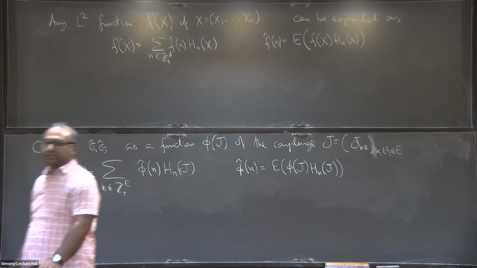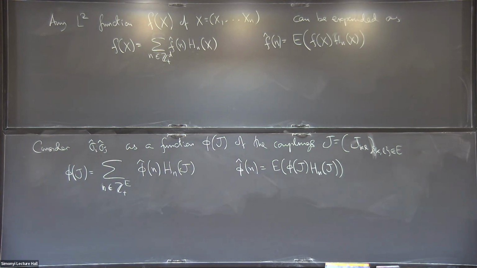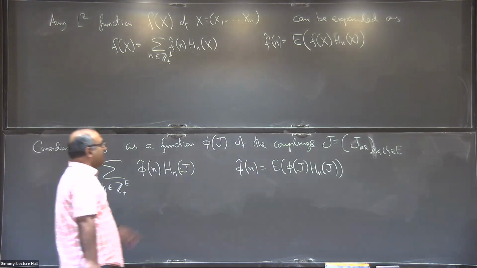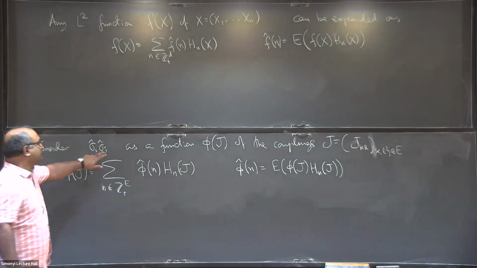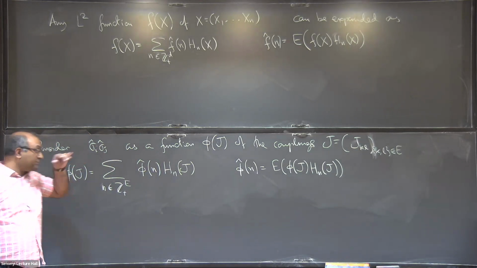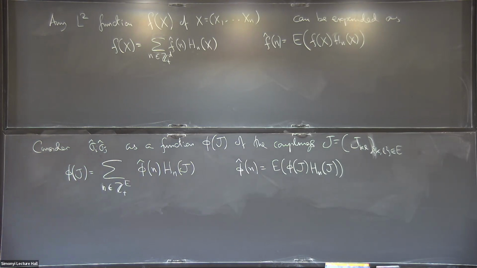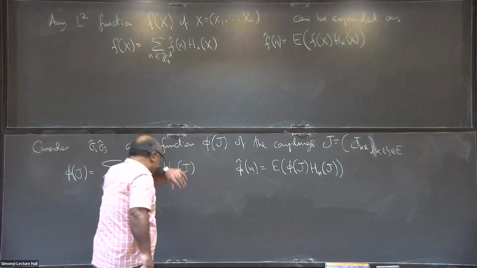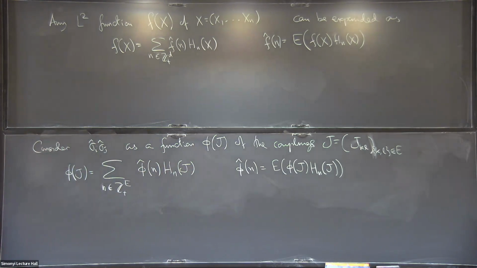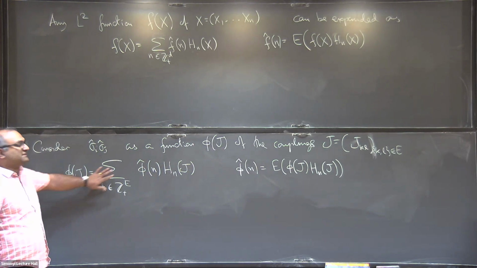So you have all these Gaussian variables, and phi(J) is given this whole bunch of Gaussian variables. You're producing a ground state, and you're looking at the product of the spins at sites i and j. i and j are fixed. You're fixing two sites, and you have your function of these couplings, and of course you can always expand it.